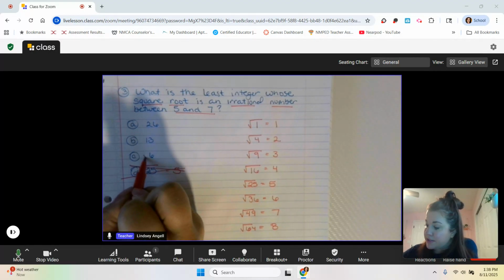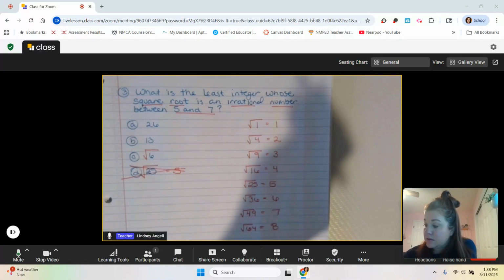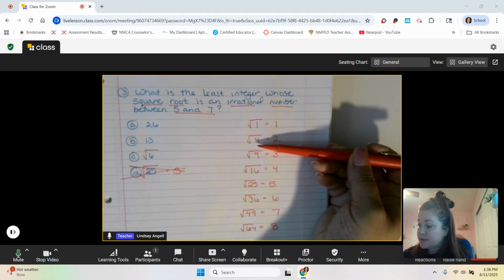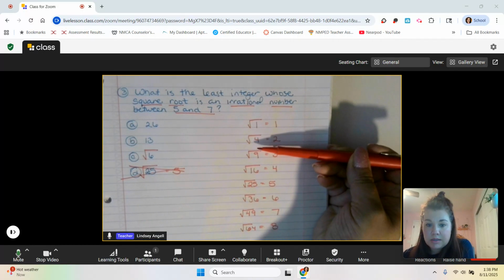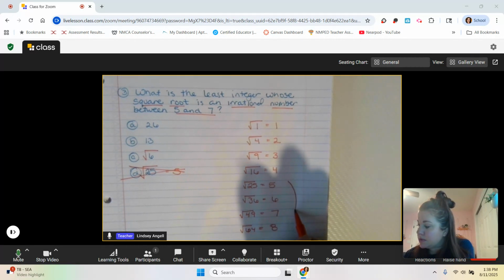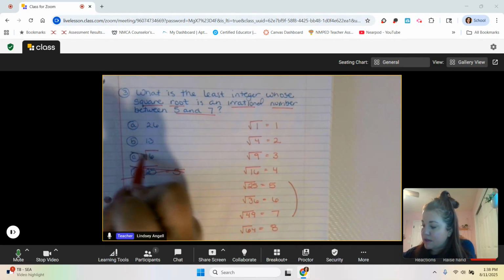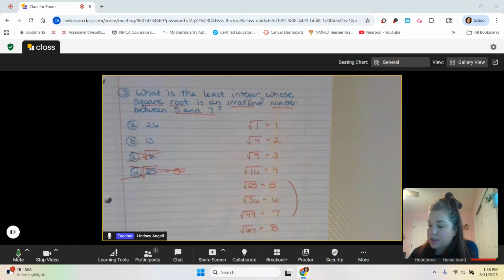Well, we'll just work backwards. The square root of 6 is right in between the square root of 4 and the square root of 9, and it is an irrational number, but we're looking for one that falls between 5 and 7. So that one doesn't work.